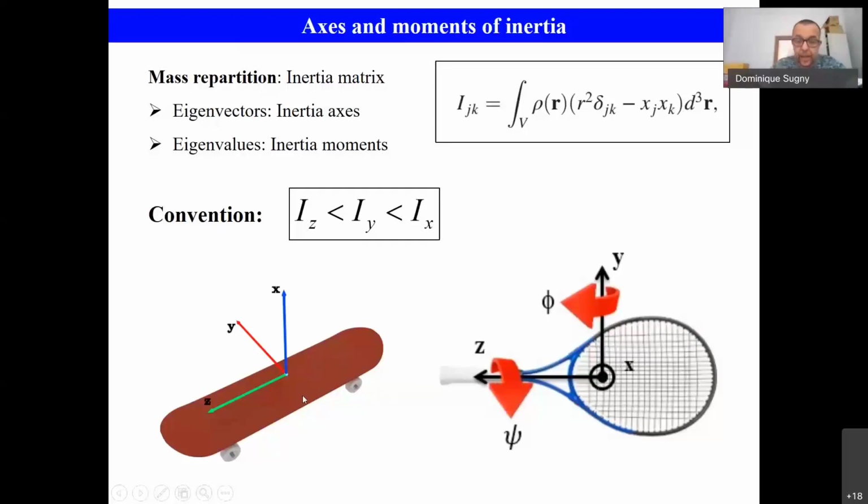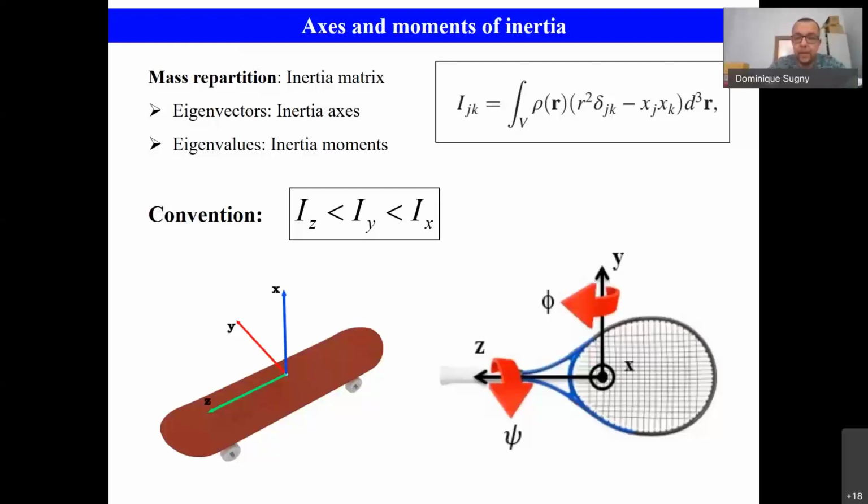X, Y, and Z are given from the inertia matrix, and we also have some eigenvalues, which are called the inertia moments.